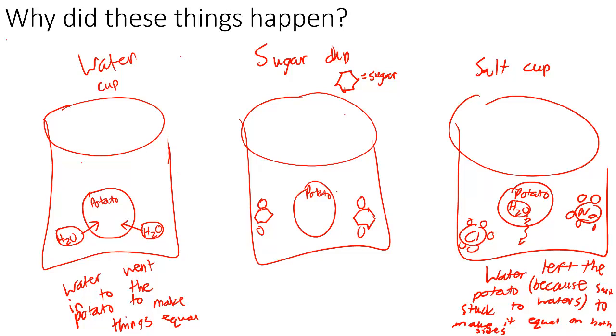If you look at salt, it sticks to like 6 or 7, right? It sticks to a ton. But sugar only sticks to a few molecules of water. So water left the potato to make it equal on both sides.